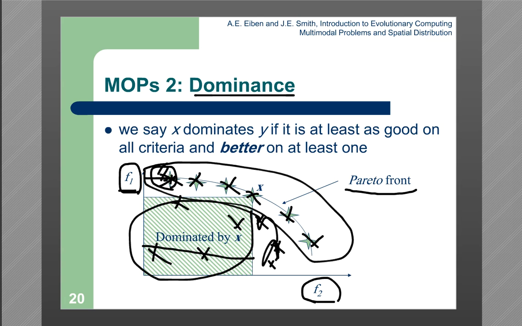All of these elements are better than this element in the rectangle, both by F1 or by F2. It is named as a Pareto set or Pareto front.